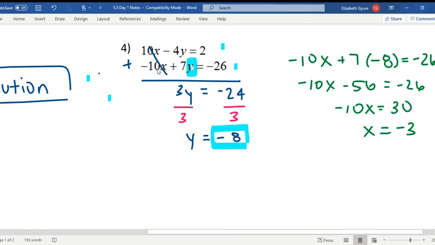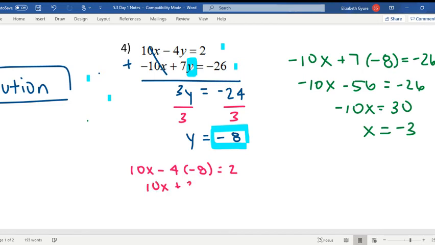If you had plugged it into the other one, which probably most of you did because the numbers are a little smaller, let me show you over here what you should have gotten. You would have had 10x minus 4 times negative 8, which is 2. This is if you use the other equation. What's negative 4 times negative 8? Positive 32 equals 2.